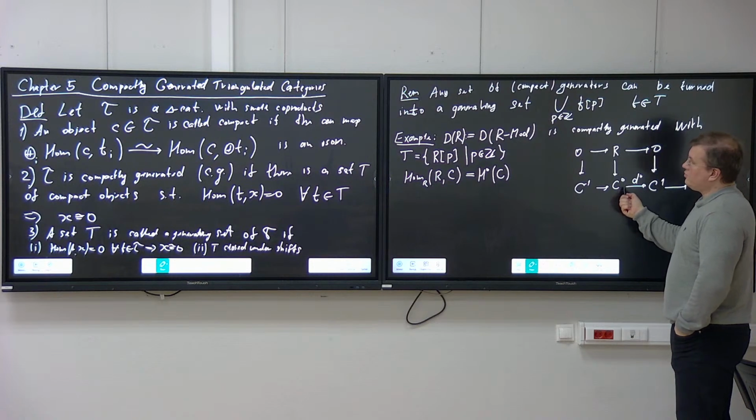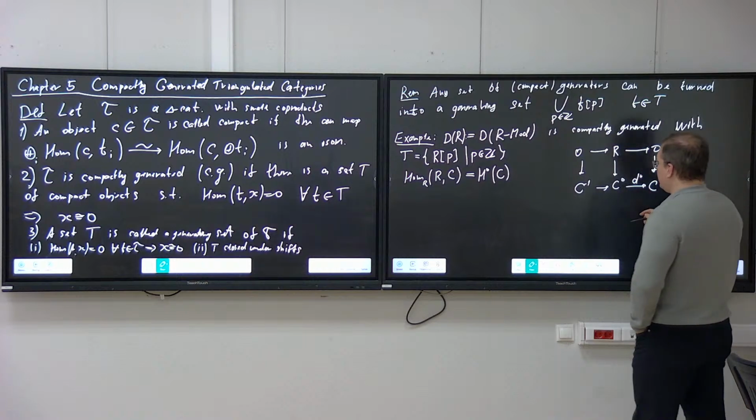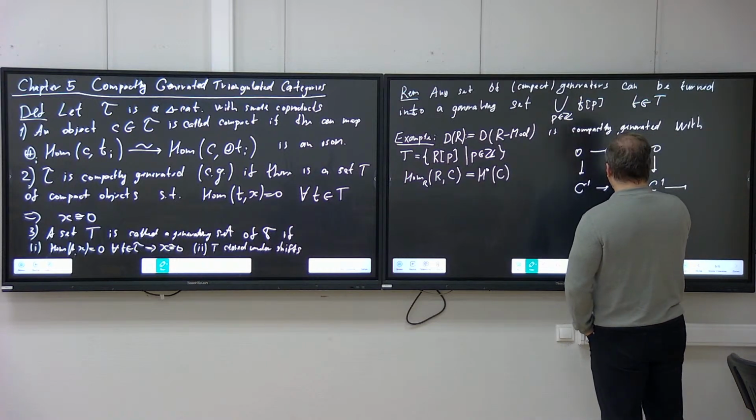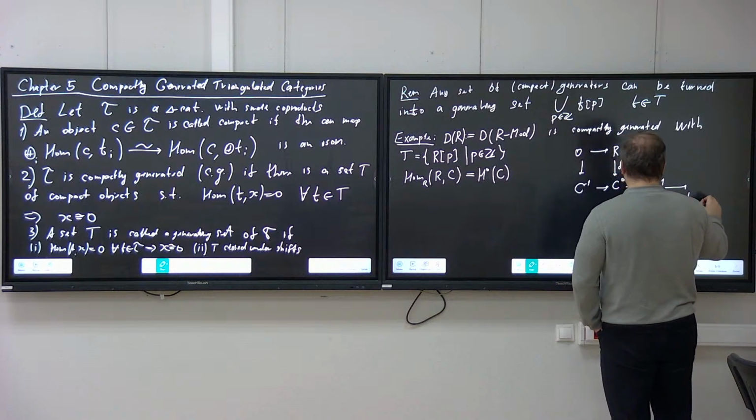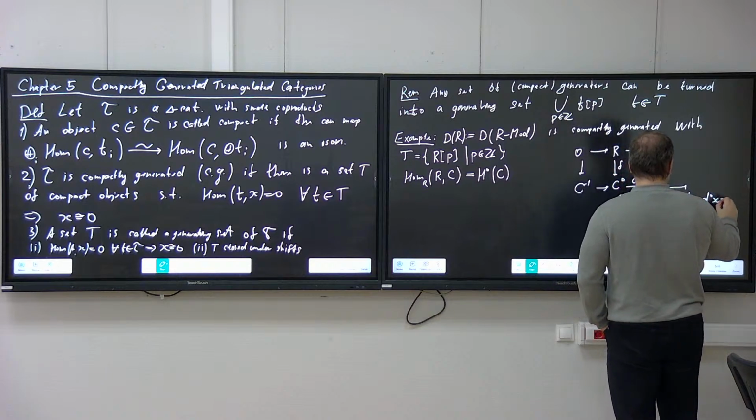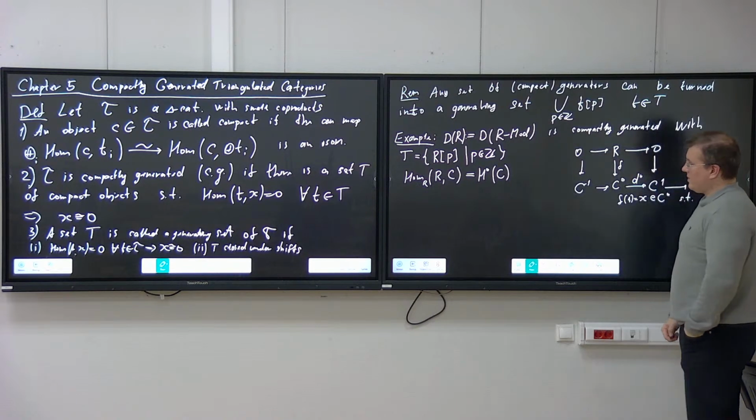So if you have such a map, you're choosing an element here. Over the ring we can talk about elements. So F is the same as F of 1, which is just some X in C0, such that D0 of X is equal to 0, right?